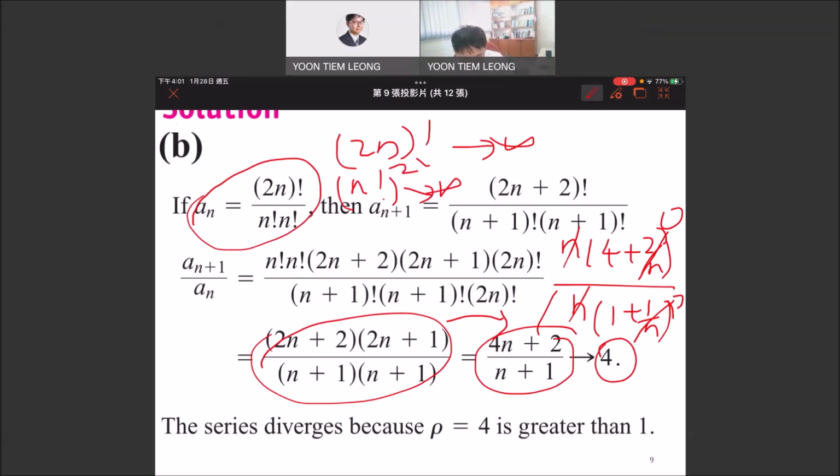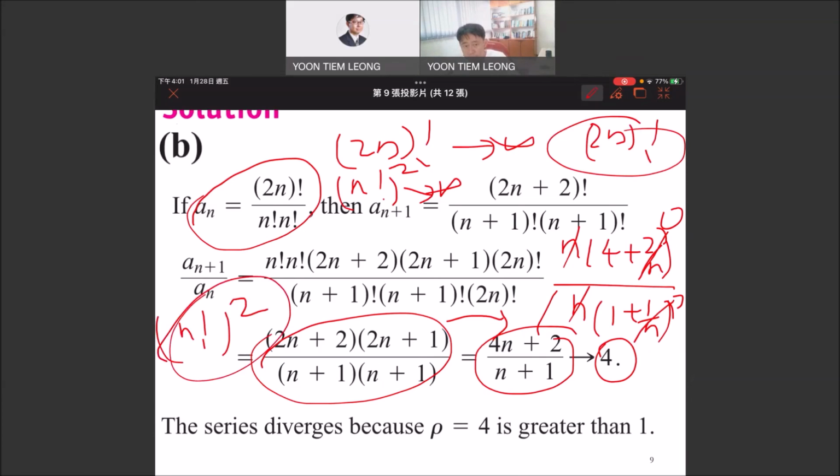And now you have both of them joined together. So joining forces, n factorial times n factorial cannot beat 2n factorial. 2n factorial will go to infinity much faster than n factorial squared. So as a result, the series does not converge.